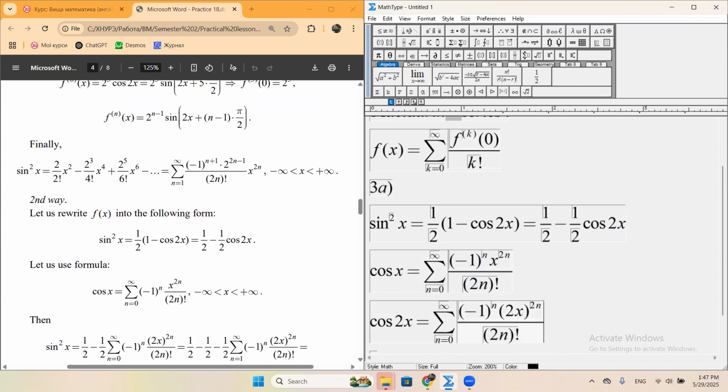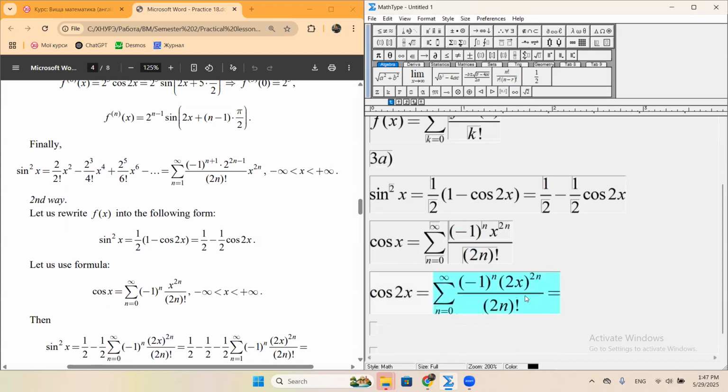And I also can write it, so I can move 2 out of brackets. So I will receive, for example, x in power of 2n multiplied by 2 in power of 2n.